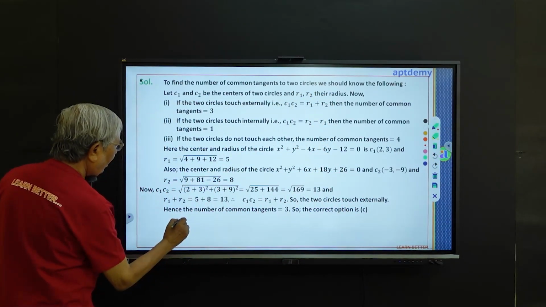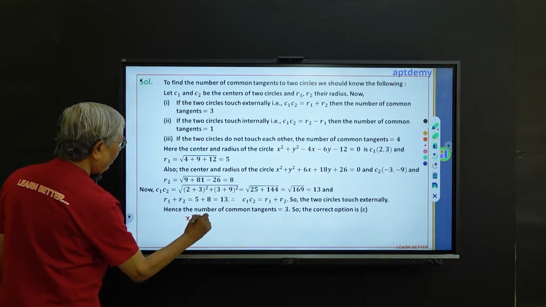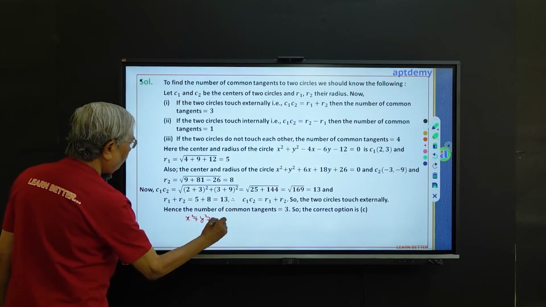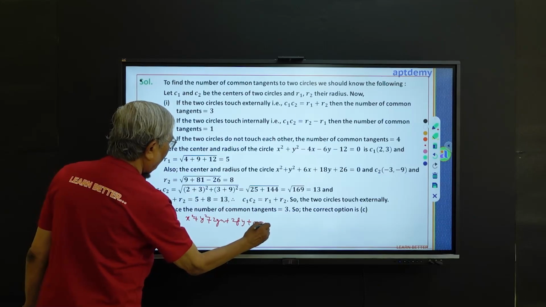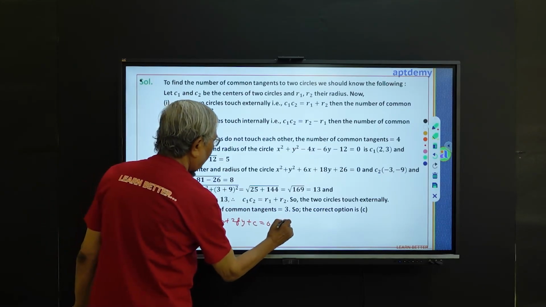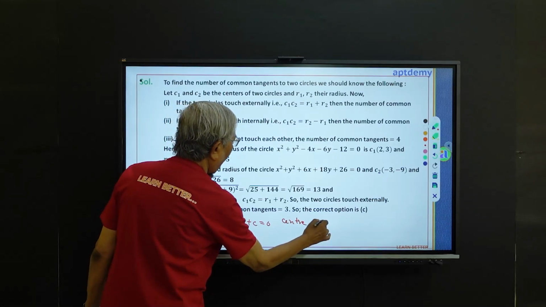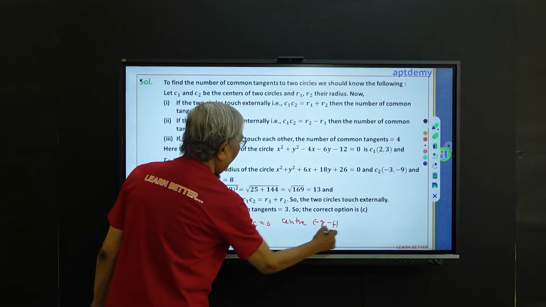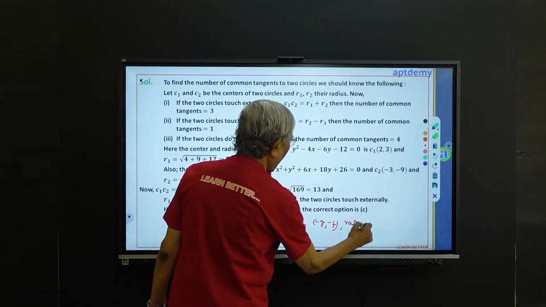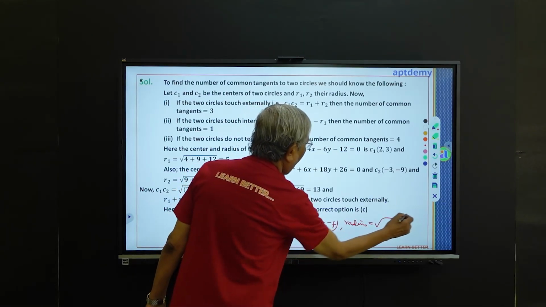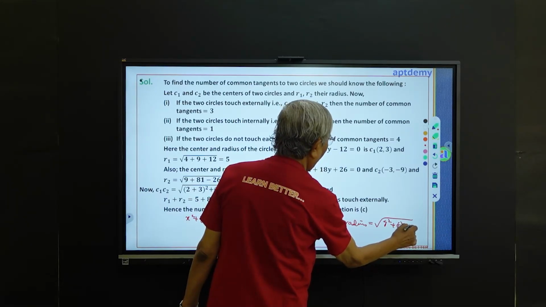If you have an equation of a circle like this, x squared plus y squared plus 2gx plus 2fy plus c equals 0, an equation of this type, the coordinates of the center will be (minus g, minus f), and the formula for the radius is radius equal to root over g squared plus f squared minus c.